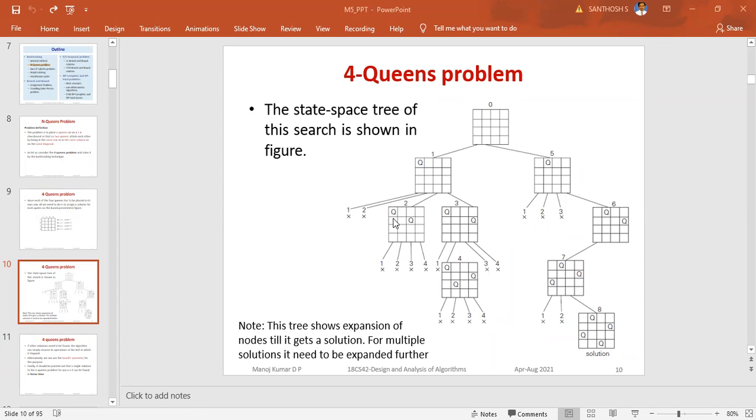Now you come here. Here you can see, can you place the third queen anywhere? If the second queen is placed here, the third queen can be placed here, because you can't place it here, you can't place it here, you can't place it here. So you have to check.